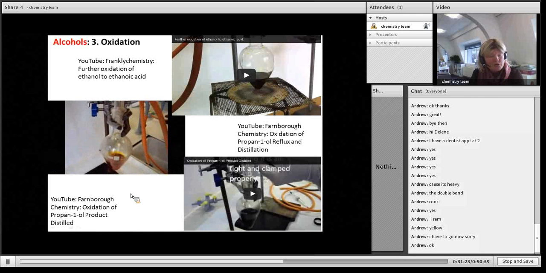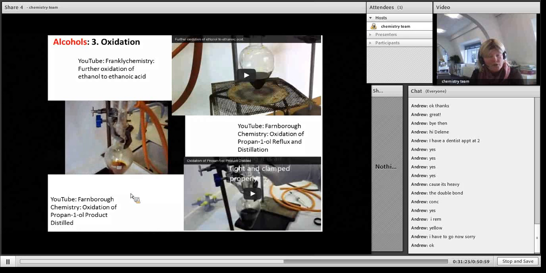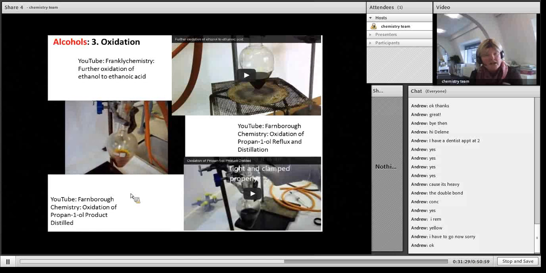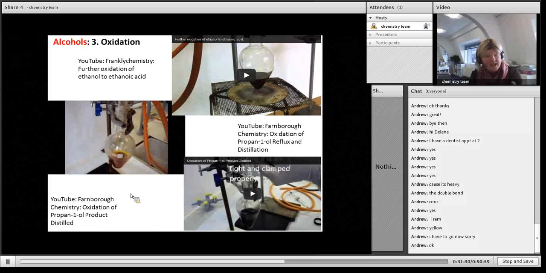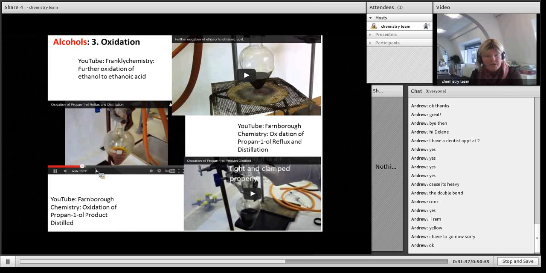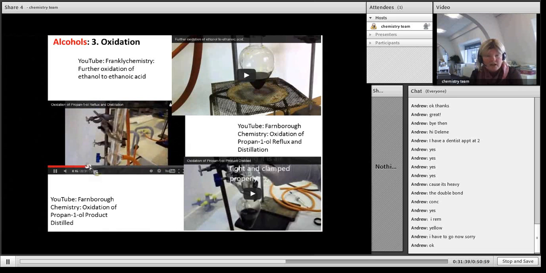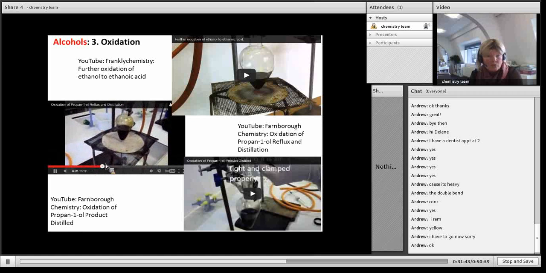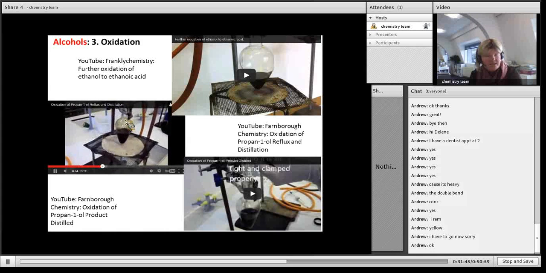Because this is one of your tests. If you treat something with orange dichromate and it turns green, then you have an alcohol, because an alcohol can be oxidized. And if I carry on, there you can see it's starting to turn green. And you can watch it under the reflux condition.